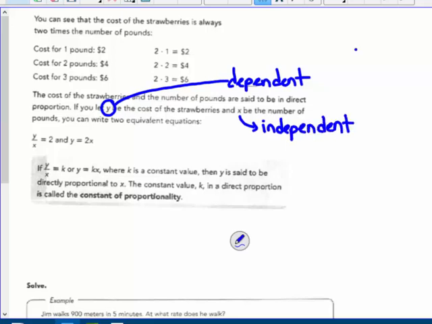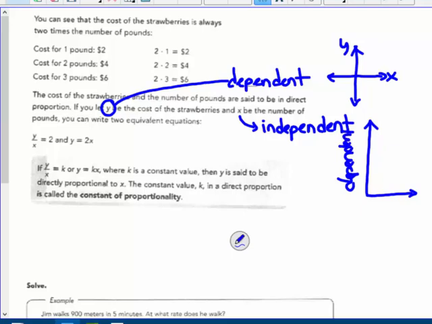And yes, it's related to our graph, the Cartesian plane, that has an x-axis and a y-axis. When we graph things just in the first quadrant, the dependent variable goes on the y-axis and the independent variable goes on the x-axis. y over x equals 2 and y equals 2x.